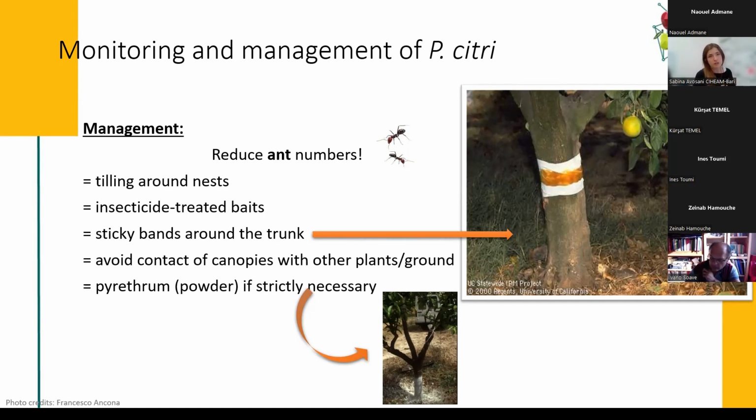And similarly, you can prune to avoid the contact of the canopies with other plants or with the ground. If necessary, you can even use powder on the trunk to reduce the number of ants that crawl on the trunk.